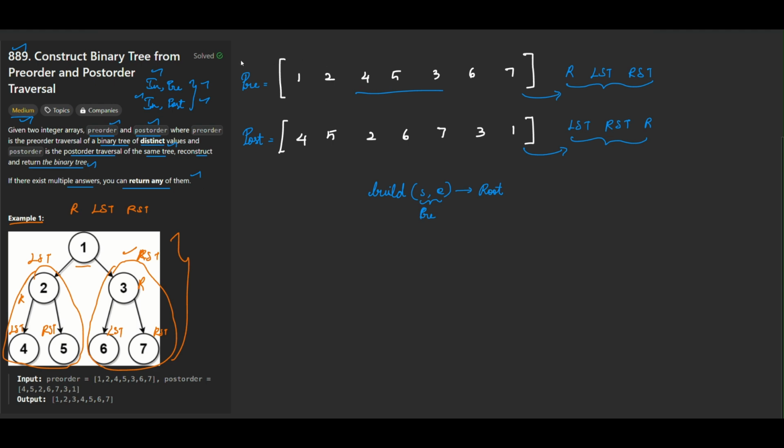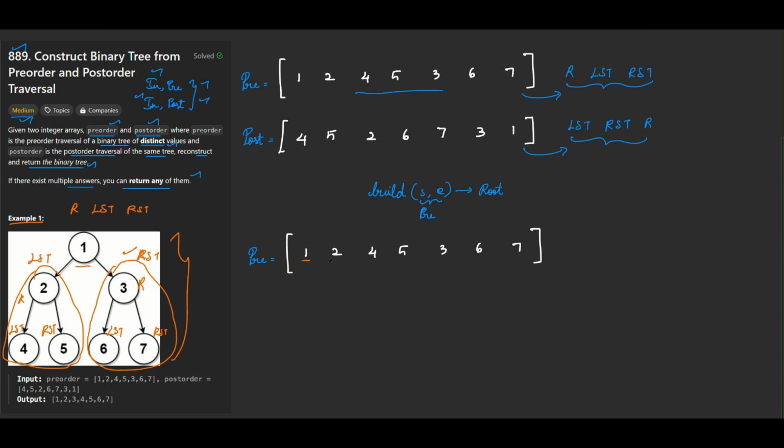So yeah, for that, let's just check how exactly we can use that divide and conquer algorithm in this problem. Let's just take the same pre-order traversal here. And yeah, we know that the pre-order traversal always has the root value at the starting point. Now guys, tell me something.